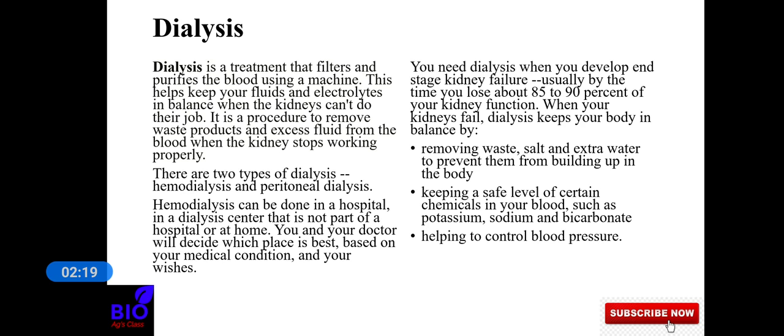When your kidneys fail, dialysis keeps your body in balance by removing waste, salt, and extra water to prevent them from building up in the body, keeping a safe level of certain chemicals in your blood such as potassium, sodium, and bicarbonate, and helping to control blood pressure.